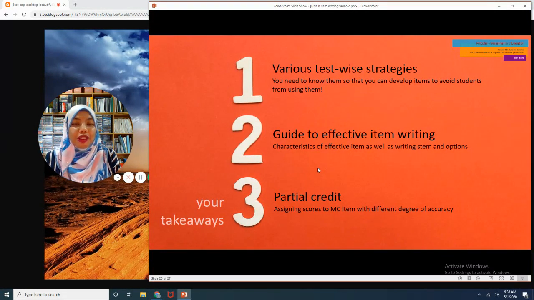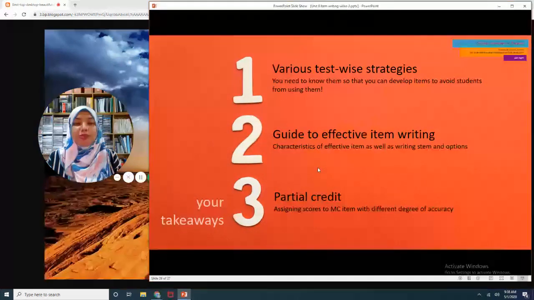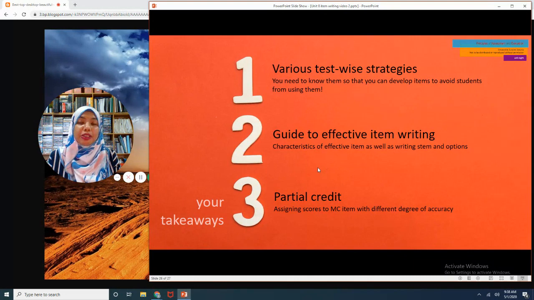And second, we have also visited certain considerations and things that you must avoid when you are constructing your items, as well as we have looked at samples of 2 items with partial credit.